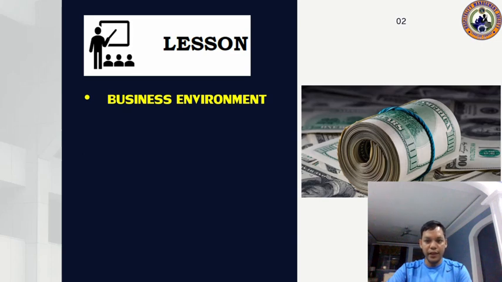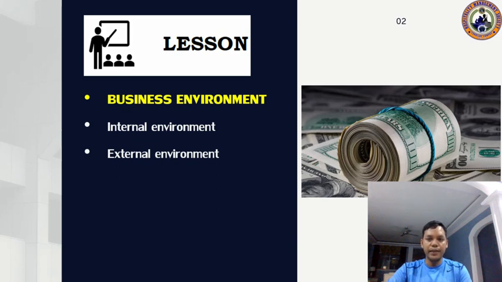Every business organization has an internal environment and also an external environment. For the organization to be successful, it is important to study its environment regularly. Again, when you graduate and manage any business, hotel or resort, you need to study the internal environment and also the external environment.